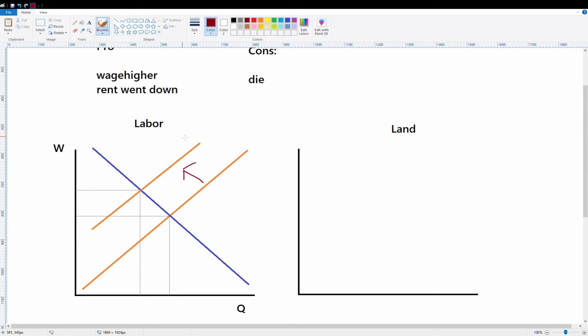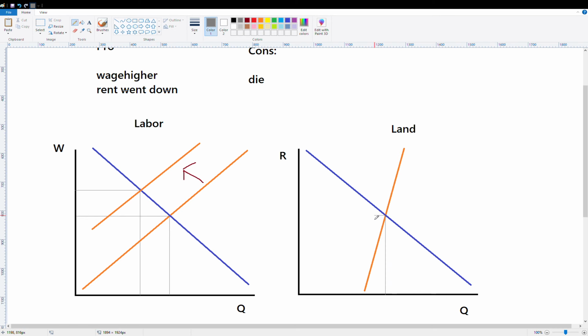For land, remember, guys, elasticity. The supply curve isn't really elastic because there's only a limited amount of land, and it's hard to make more land. So here's the supply and the demand, here's rent and quantity, and this is the equilibrium.